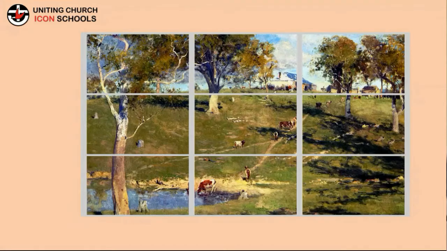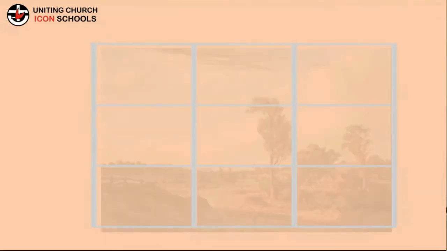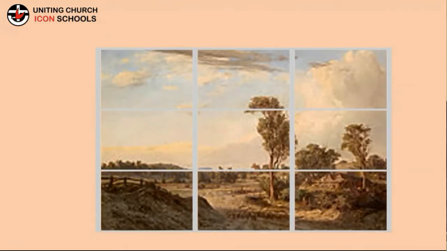But it can work the other way as well. It works to have 2/3 in the sky and 1/3 below. In this painting, see how the main tree sits again on the third mark.